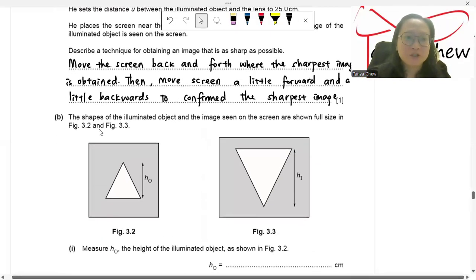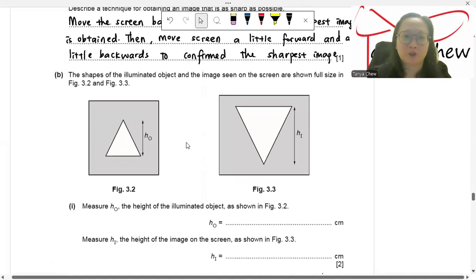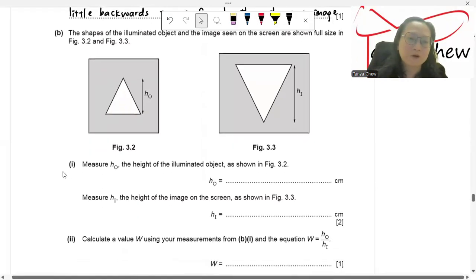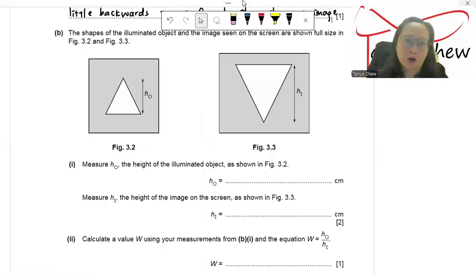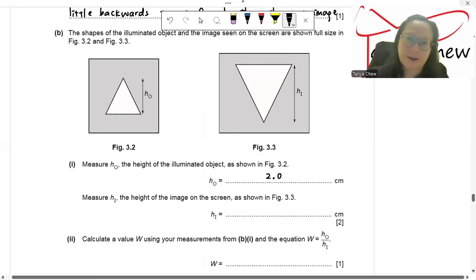Right? B, the shapes of the illuminated object and the image seen on the screen are shown full size in Fig 3.2 and Fig 3.3. Now, the first part, measure h naught, the height of the illuminated object, as shown in Fig 3.2. Use your ruler to measure again. I got 2.0 cm. Remember what I told you at the start of the video?